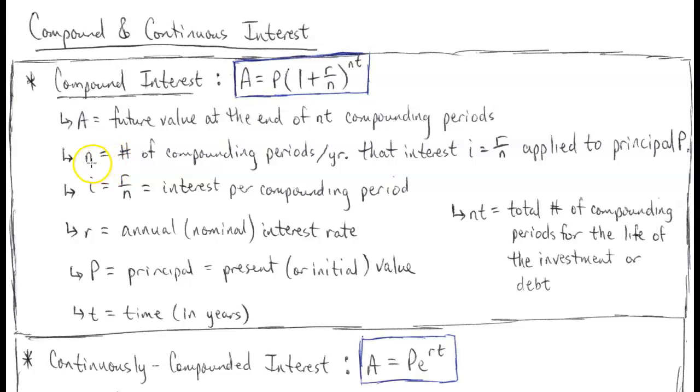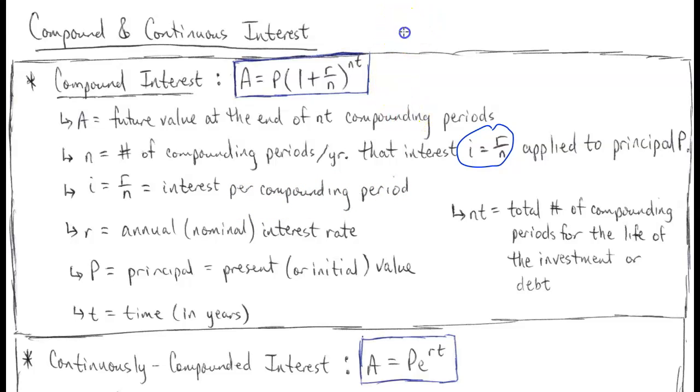N is what's called the number of compounding periods per year, and that's based upon a certain interest rate. The interest I, which is R divided by N applied to principal, is the interest rate per compounding period.